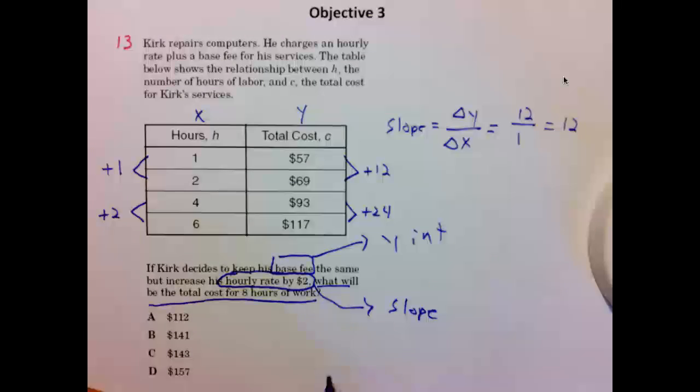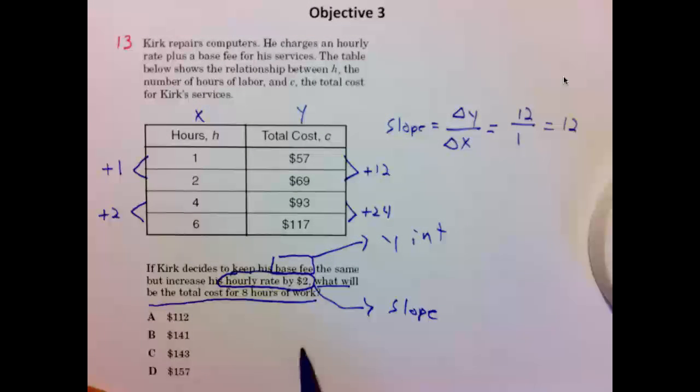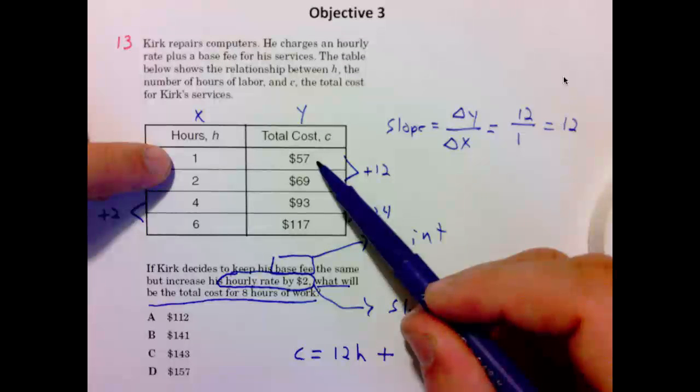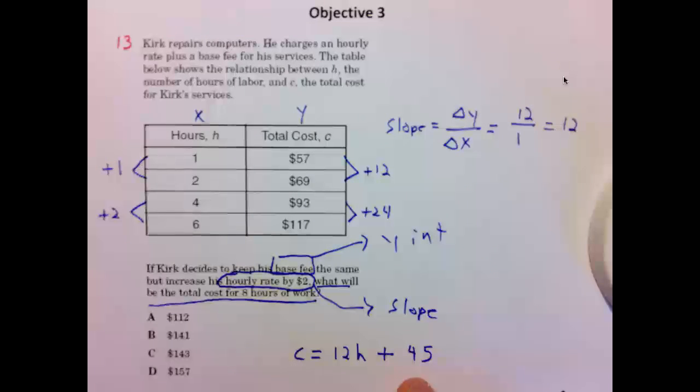So I can write a function now for Kurt's cost. His cost will be given by 12 times the number of hours, h, plus some upfront fee. Well, if 1 hour cost 57, if I subtract 12 from that 57, I get 45. This is his upfront fee.